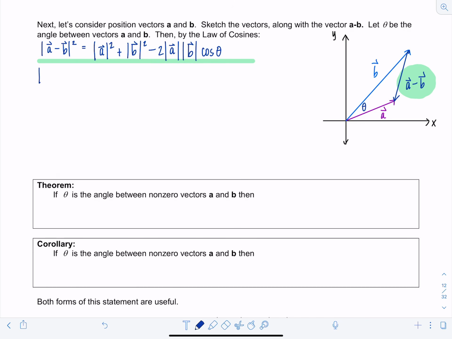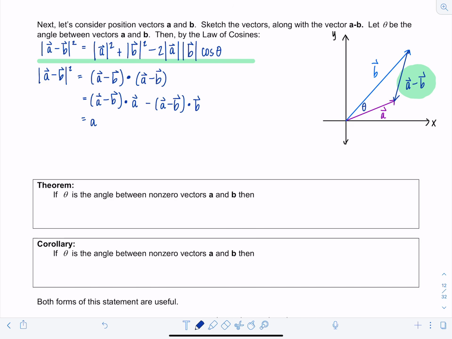So this means that the magnitude of A minus B squared is equal to A minus B dotted with A minus B. Now I want to expand this expression, okay? And remember, we know that the dot product is distributive. So I'm going to have A minus B dotted with A minus A minus B dotted with B.